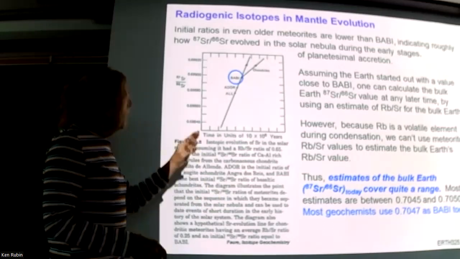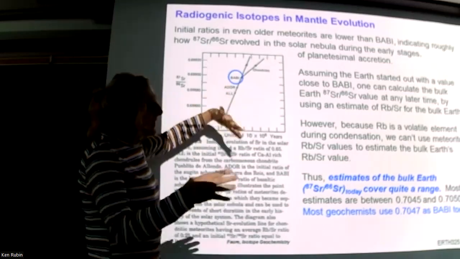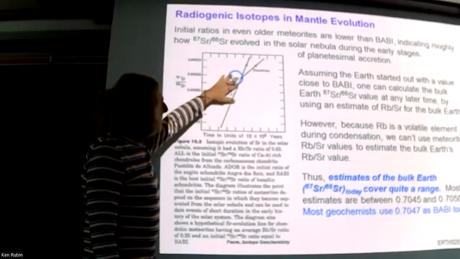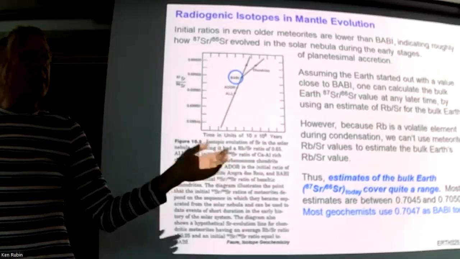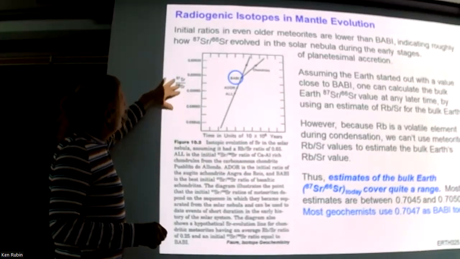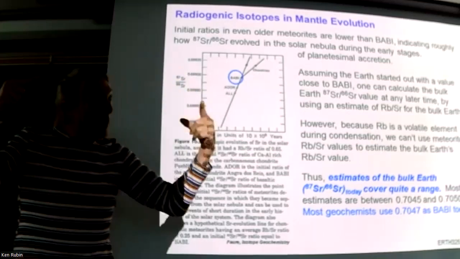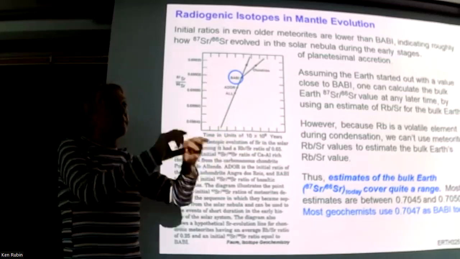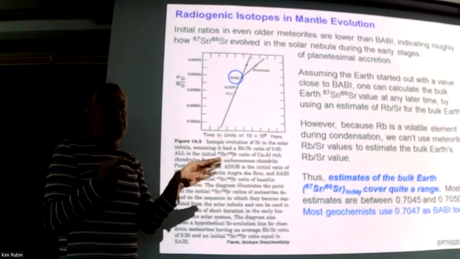And what we see is that people have done this with more and more samples now, more and more meteorites, but they follow along an evolutionary line. Not all of them conform as simply to a line like this, but the variation in 87/86 can be thought of as variations in time from a single homogeneous rubidium strontium value.